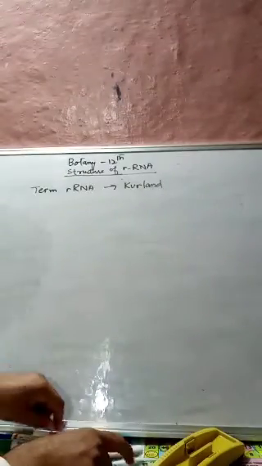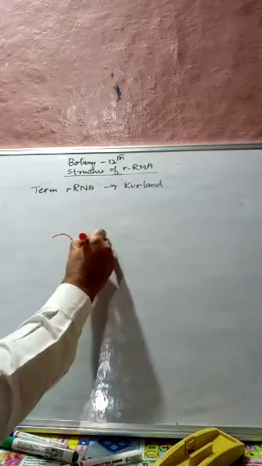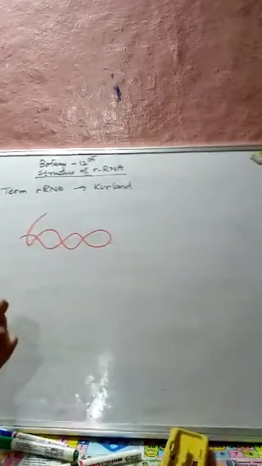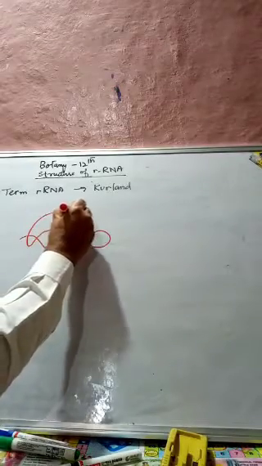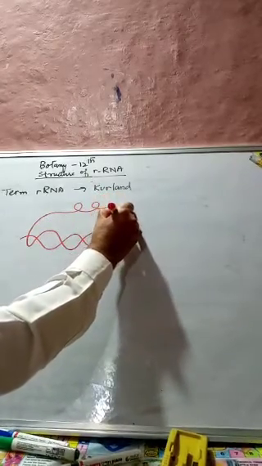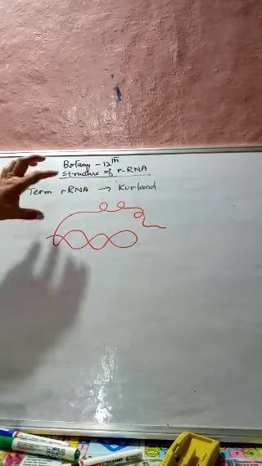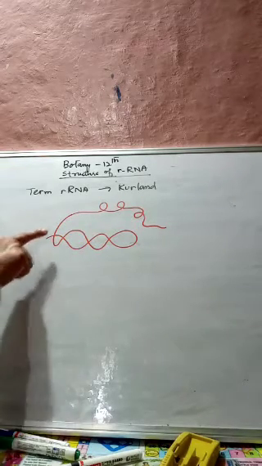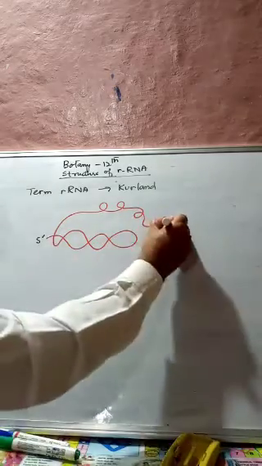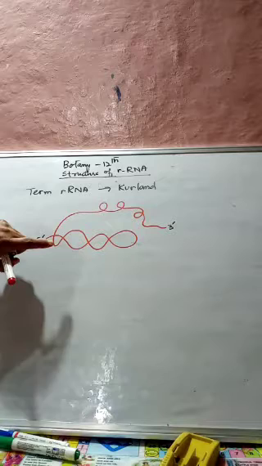Regarding the structure of rRNA, you will see some loops here and there. It is a three-dimensional structure, but it is single stranded. This is the 5' end and this is the 3' end.